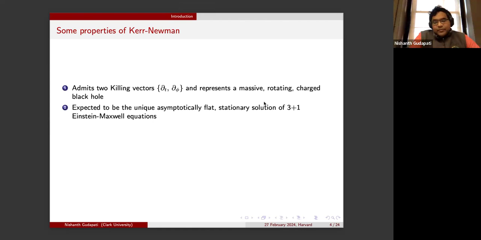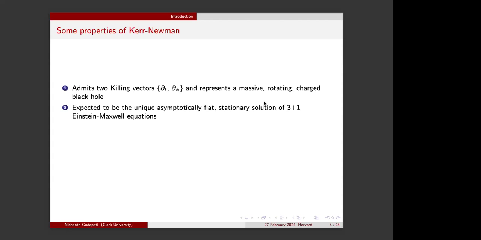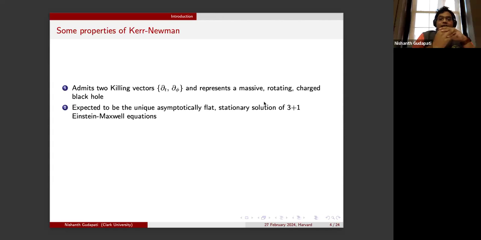In fact, the Kerr black hole family is arguably the most important black hole family because of the connection with the so-called black hole uniqueness hypothesis or uniqueness theorems, which says that depending on certain regularity conditions on the horizon of the black hole and asymptotic conditions, it's expected to be the unique solution of the Einstein equations within those conditions of asymptotically flat and regularity conditions on the horizon. So it's due to that reason the Kerr spacetimes are also frequently studied.